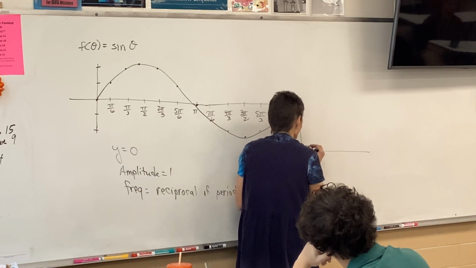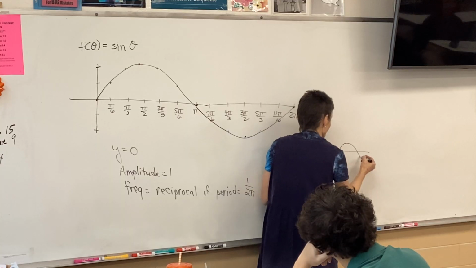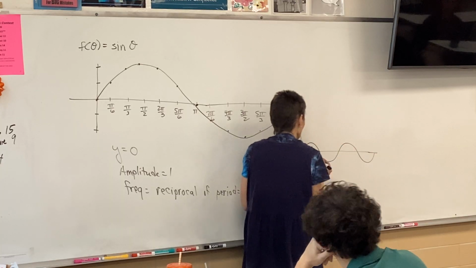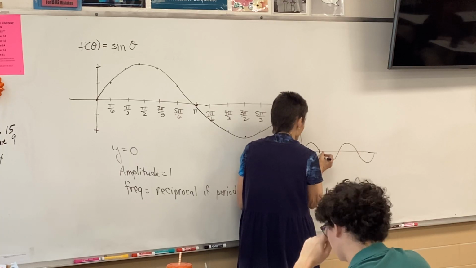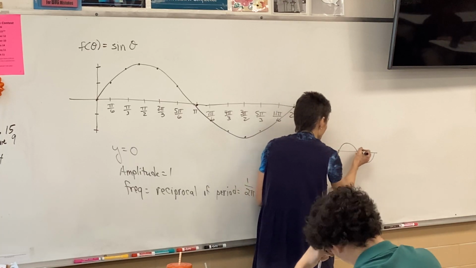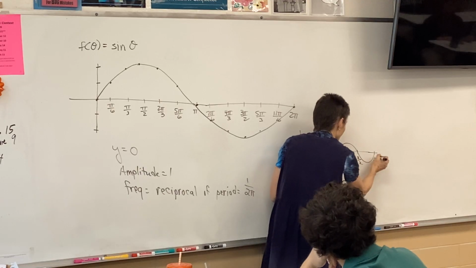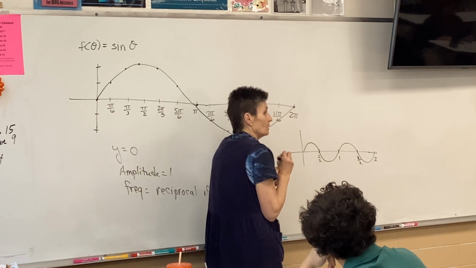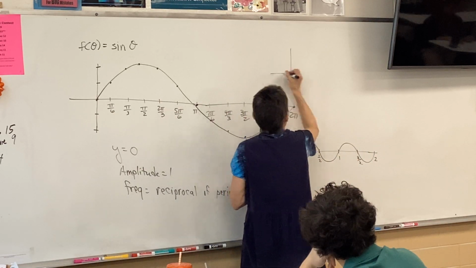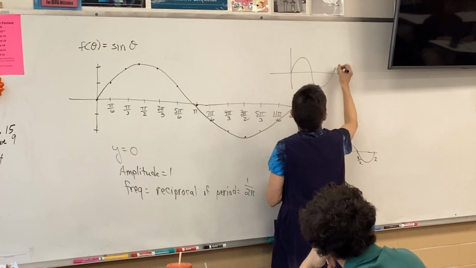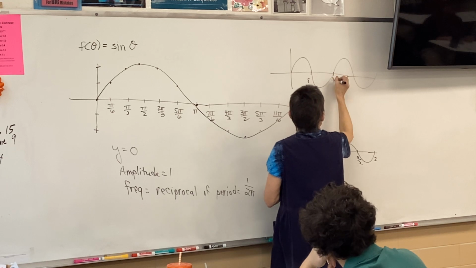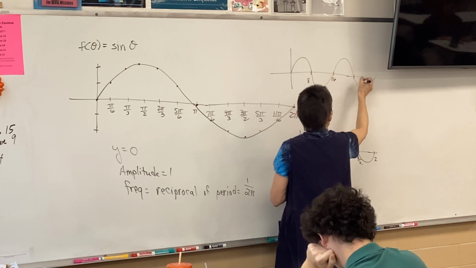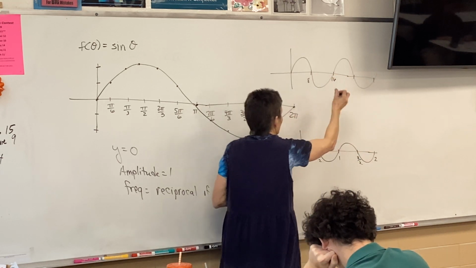I'm gonna graph just a random old sine curve, and I'm gonna label this, let's say 1/2, 1, 3/2, 2. And then I'm gonna draw another one, random old sine curve, and this is gonna be 8, 16, 24, 32.